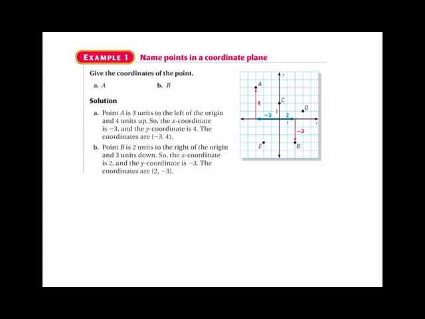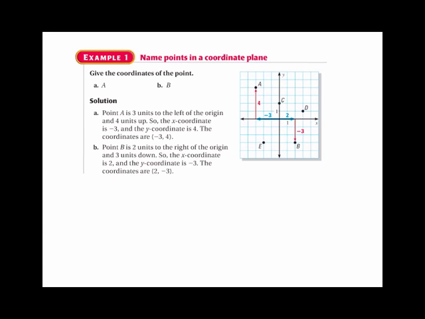Let's try some. Can you tell me the coordinates of point A? Well, we look at point A. We see that it is 3 units to the left of the origin, 4 units up. So the x-coordinate is going to be -3. The y-coordinate, because we went up, is still just 4. The coordinates would be (-3, 4).